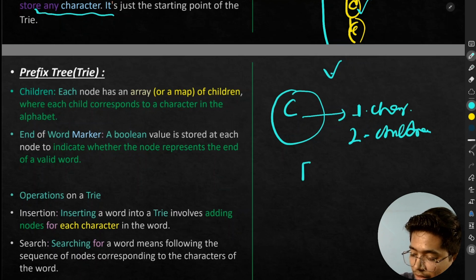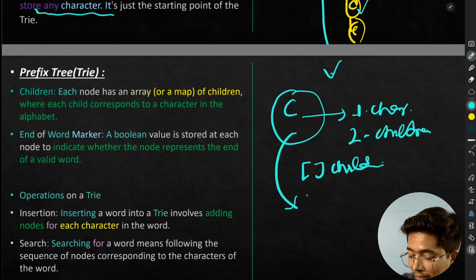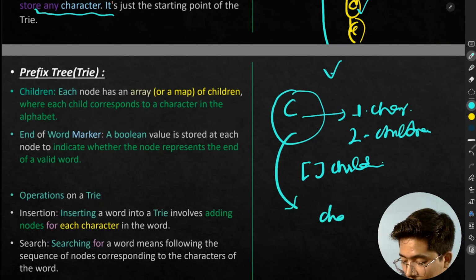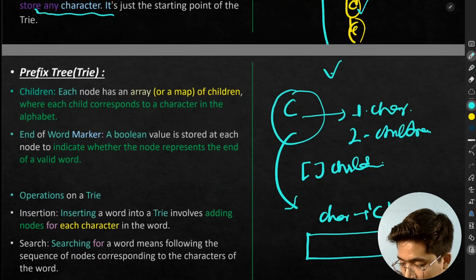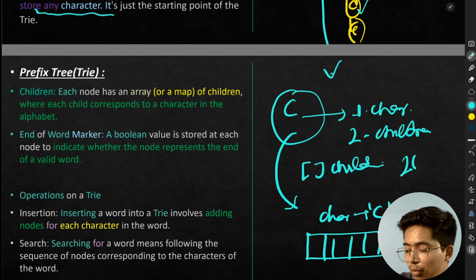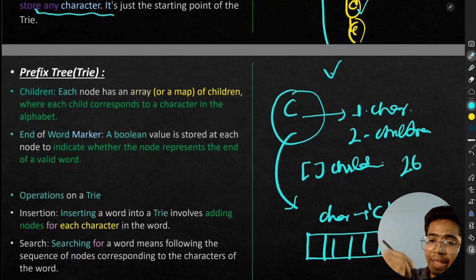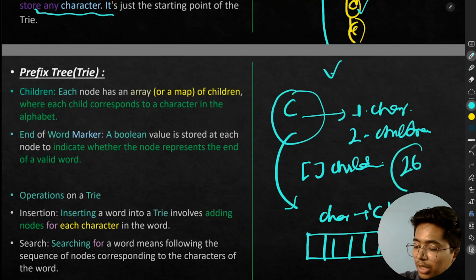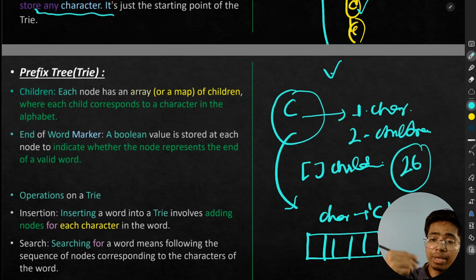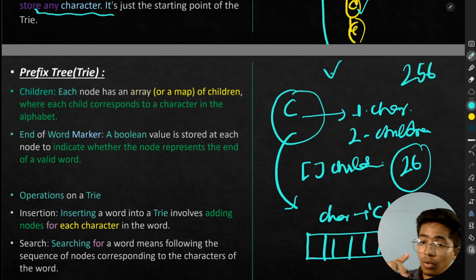So it actually contains an array, an array of children. The actual structure will be like this: character C, and there is a long array of, let's say, 26. If we are using lowercase English letters, then we take 26. And if you are working with a trie where you store all symbols, then you go for all the ASCII characters, 256.